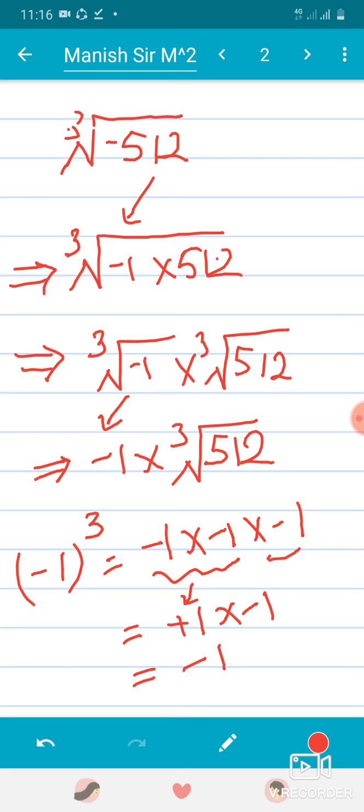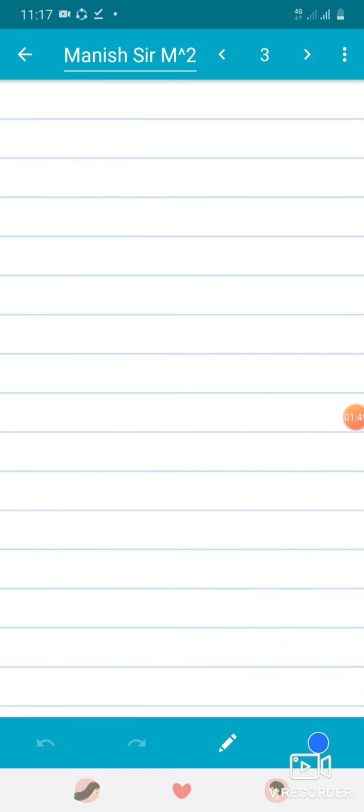It means the cube of minus 1 is minus 1, so the cube root of minus 1 is minus 1. Then the rest is minus 1 into the cube root of 512.